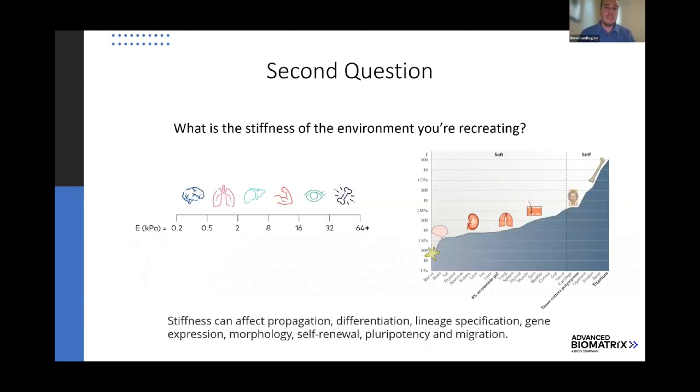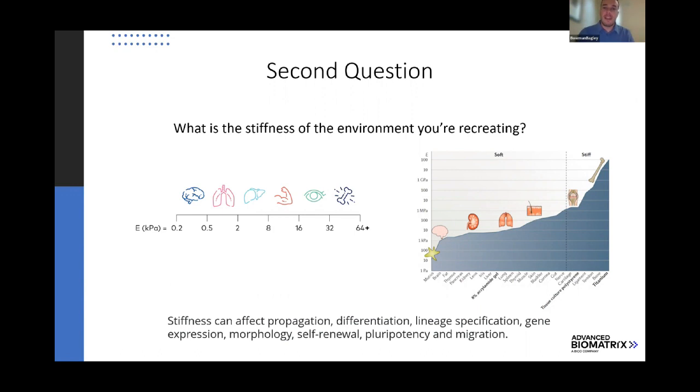And then once we understand the ECMs, we ask the second question: what is the stiffness of that environment that you're recreating? Years ago, I had made this graphic on the left with my wife. She did some graphic design work for us, and we looked at some publications and pieced this together.